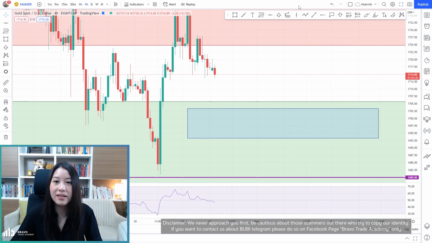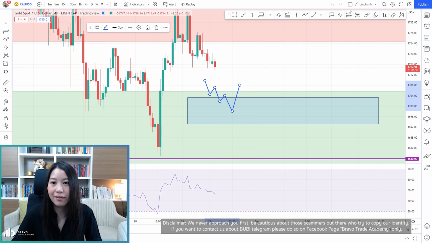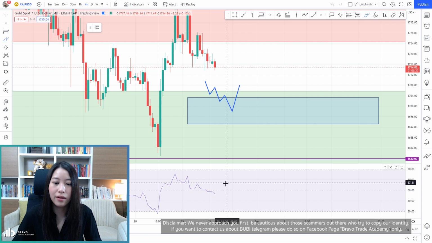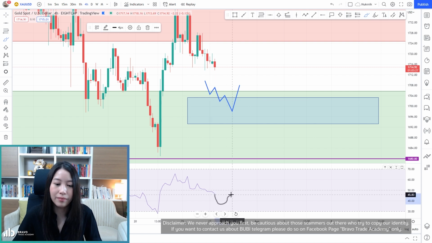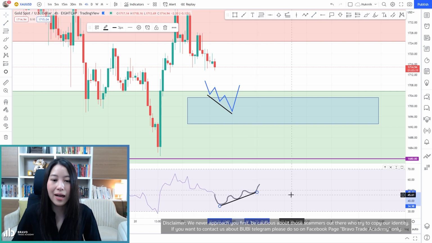So the first signal that we use quite a lot is the classic divergence, so the price making the lower low here. However, the RSI is not doing the lower low, so it might be like so. The price makes a lower low, but the RSI is making a higher low.